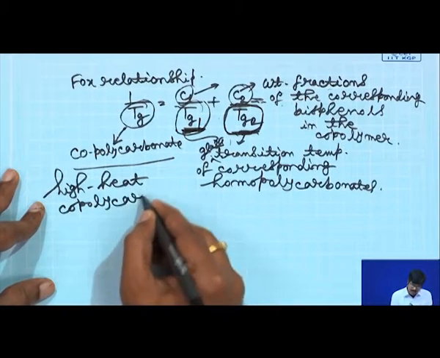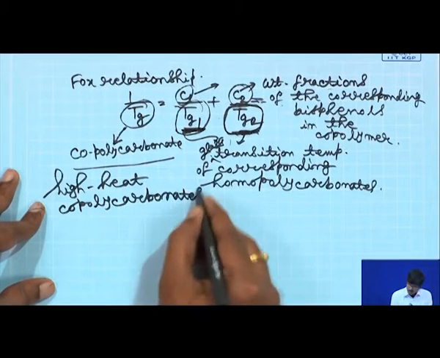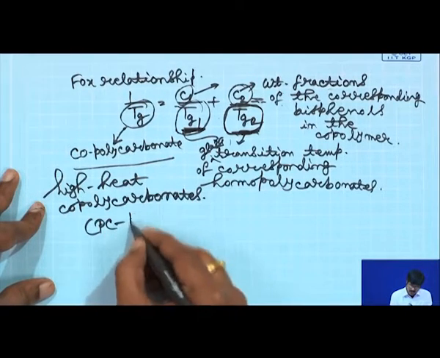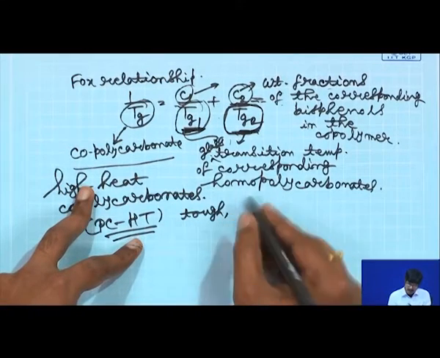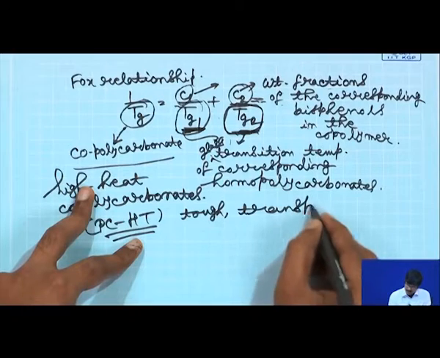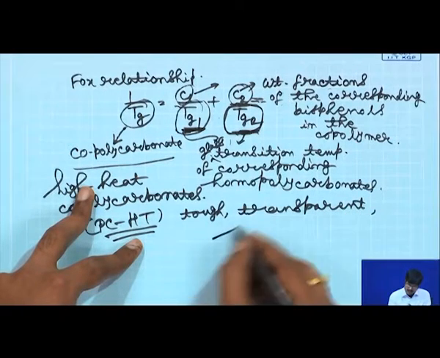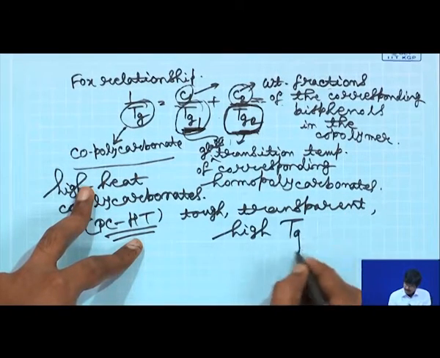And these are examples of a class of polycarbonates also called high heat copolycarbonates, so polycarbonate HT like that, and these materials are tough, they are transparent, and they have high Tg.